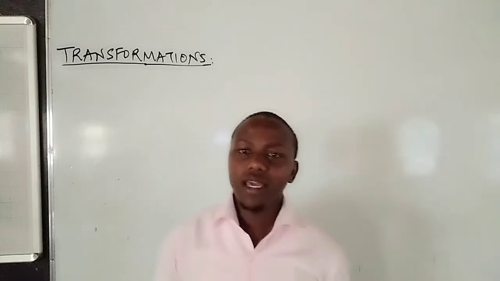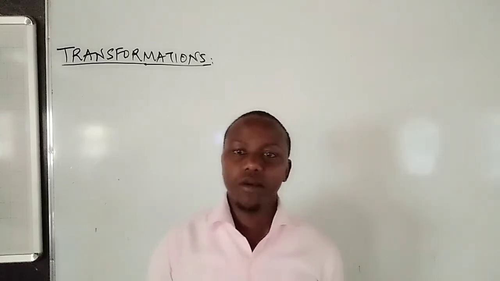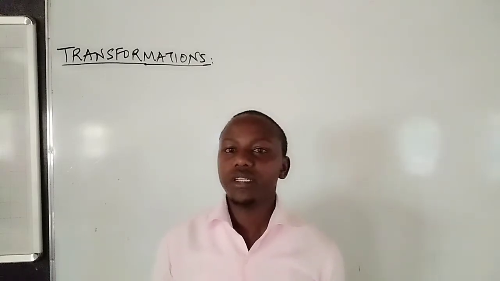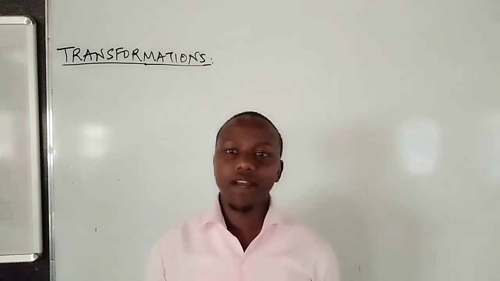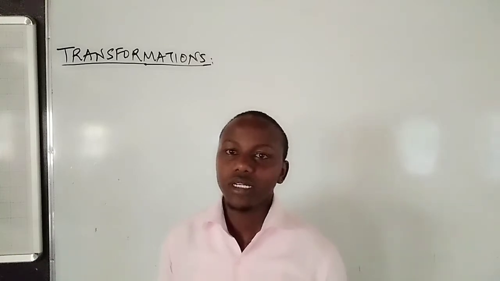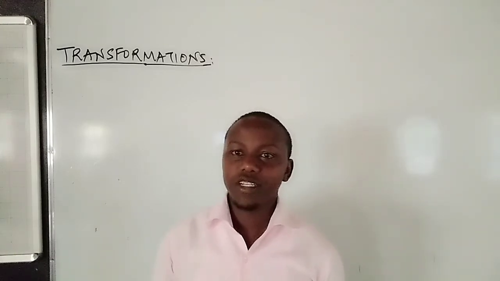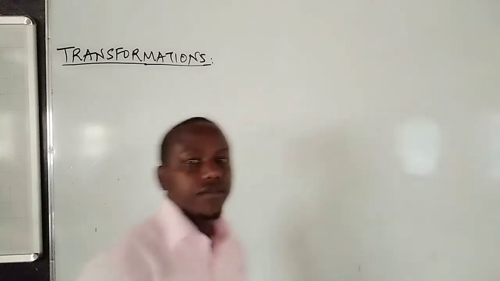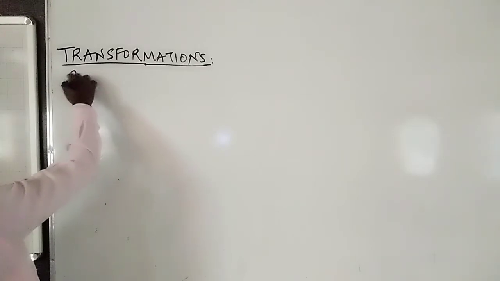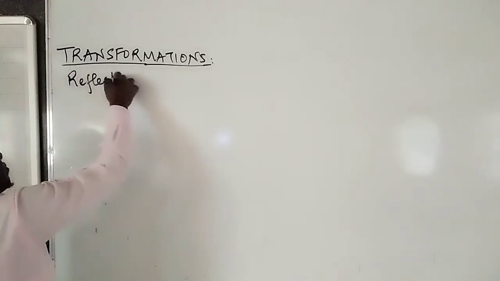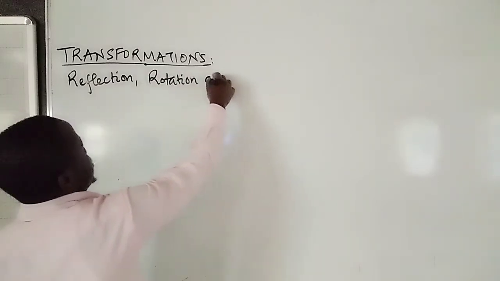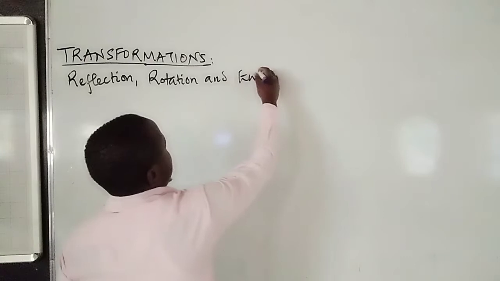So I will enter the three main transformations in Book 2 Mathematics, even though I'll mention something in vectors which is called translation. And later on I'll be dealing with transformations and matrices in Book 4. So in the meantime, I'll be teaching the three main transformations, which are rotation, reflection, and enlargement.